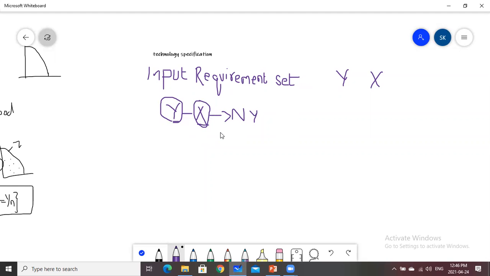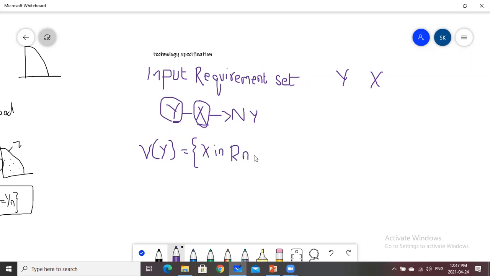Now for such a production function, the firm's input requirement set is given as V of y. It is equal to a set of x in Rn. What was Rn? Rn was a subset in the feasible region.